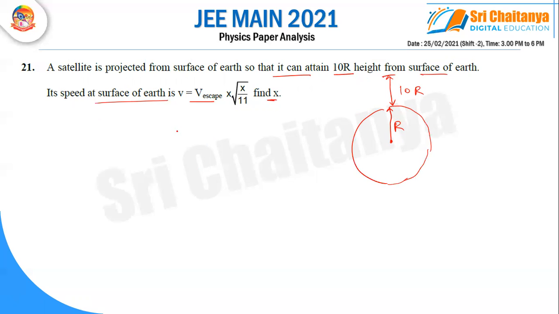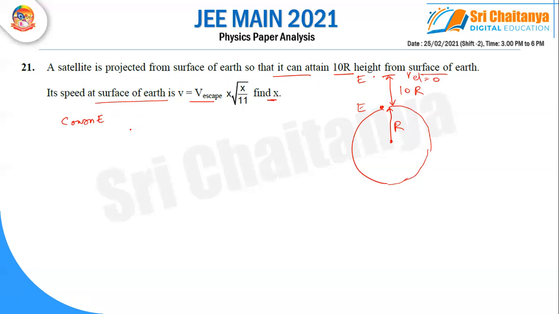He's asking us to find x. Now, we will apply here the principle of conservation of energy. The total energy, potential energy plus kinetic energy at the surface of Earth, is equal to the total energy at this particular point, where the velocity will be 0.